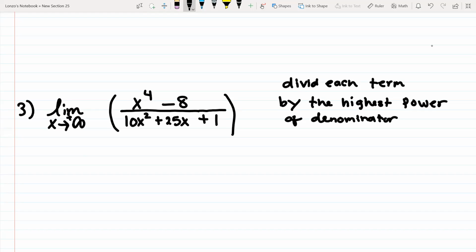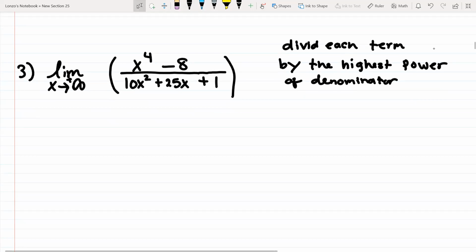So if you look at our denominator, 10x squared plus 25x plus 1, what is the highest power? It is x squared. So this would be the limit as x approaches infinity.